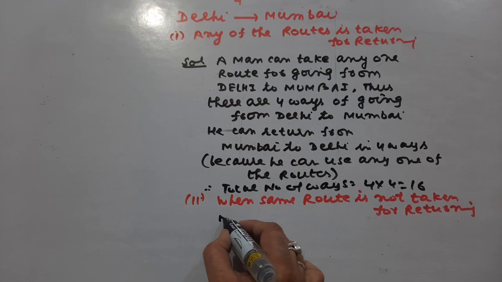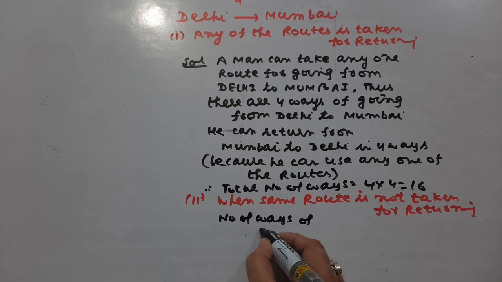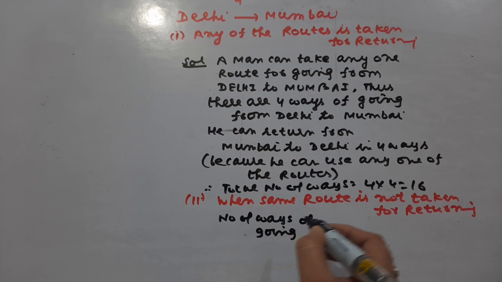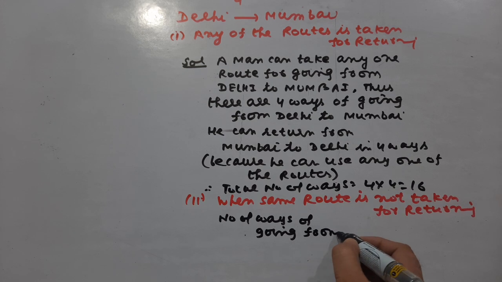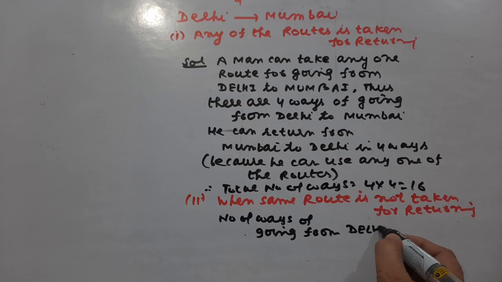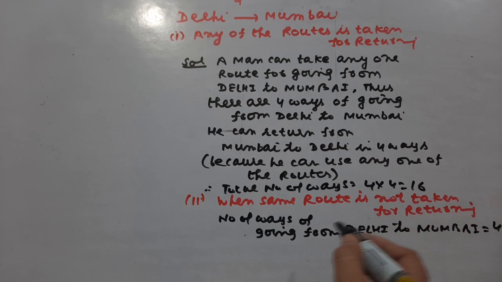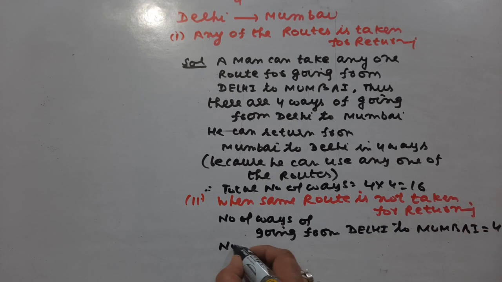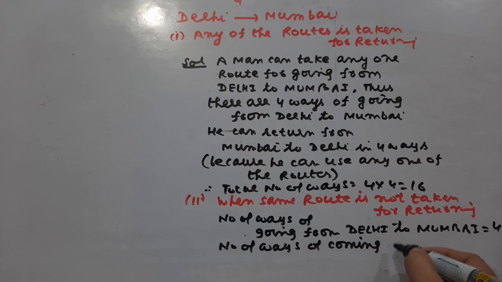So number of ways of going from Delhi to Mumbai will be 4, and number of ways of coming back is equal to 3.